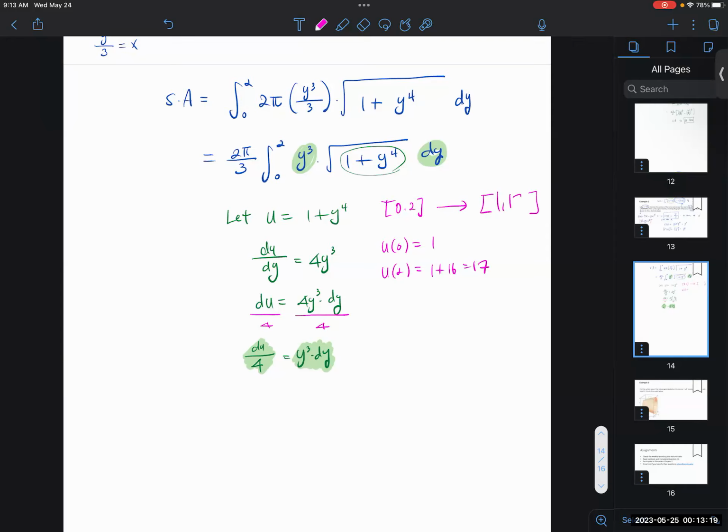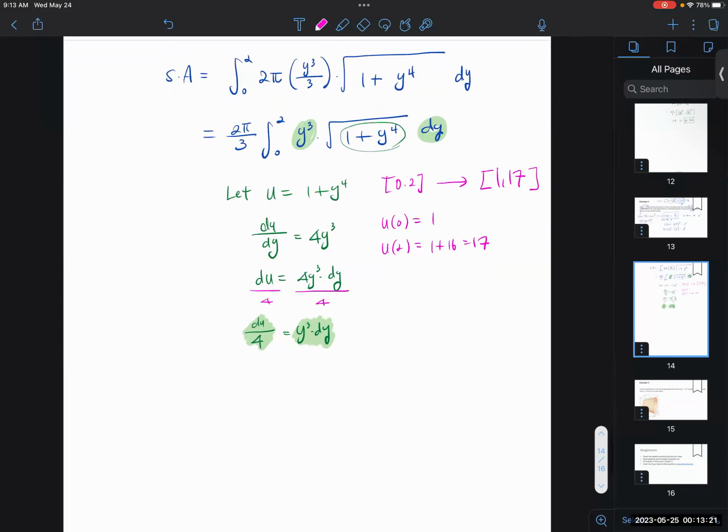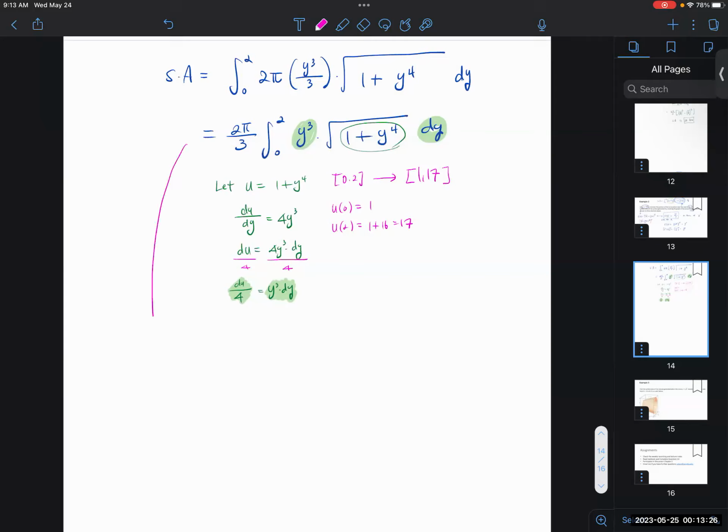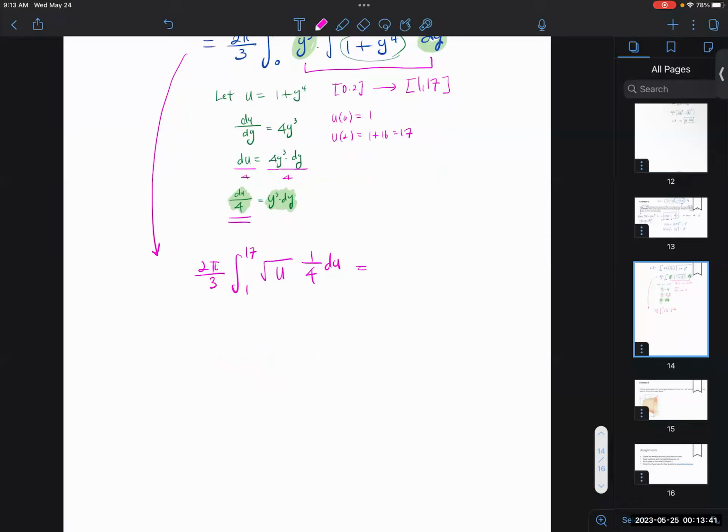So 1 to 17 is your interval in terms of the u variable. So now we have 2 pi over 3 from 1 to 17, radical u, and y to the third dy is 1 over 4 du. So again, 2 pi over 3 times 1 over 4, integral from 1 to 17 of radical u du.